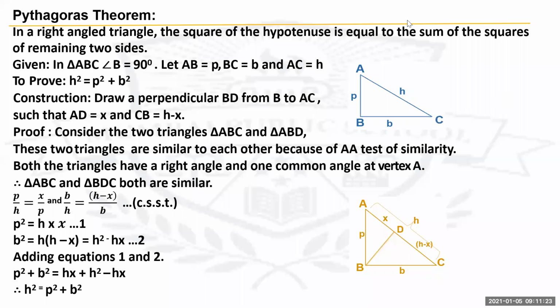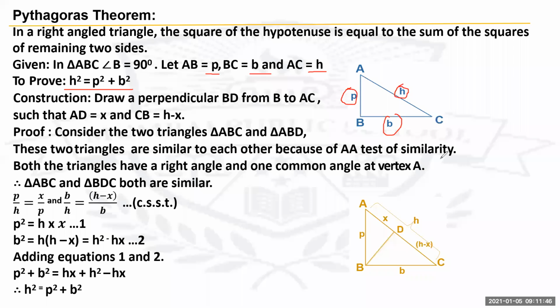We are assuming the sides AB as P, BC as B, and AC as H. So what you need to prove? AC is the hypotenuse H. So H square equals P square plus B square.